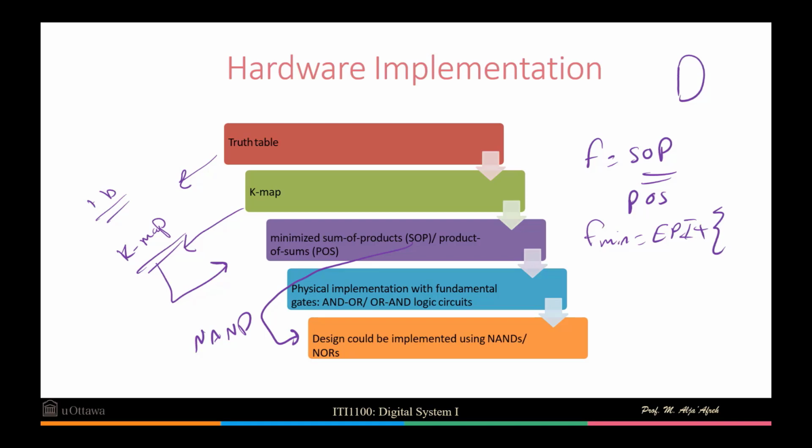Suppose that we have F equal to AB plus CD. That is a sum of products; its prime will be equal to (AB)'(CD)', so this is the whole thing prime. And if you would like to convert your product of sum to OR only, it will be the same.